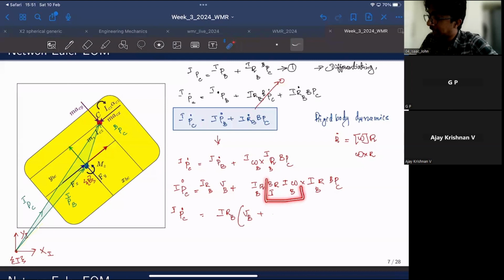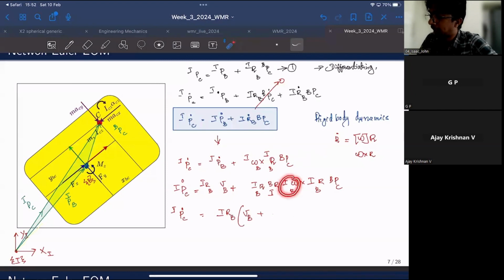So this entire term would make it omega B referred with respect to B itself, right? Angular velocity of B referred with respect to B. So just like we did in the case of this linear velocity, you can write it as omega B itself.